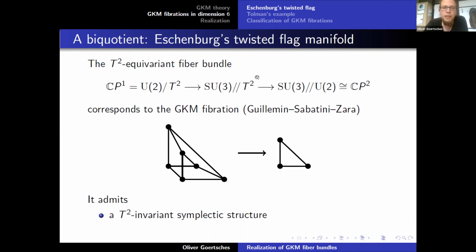Under certain conditions, we can construct a symplectic structure on the total space. Essentially, one finds a form that maps to the symplectic forms on the fiber, and then complements it with a large enough multiple of the symplectic form on the base to get a symplectic form here. That's a construction that was first used by Thurston. In this way, we get an invariant symplectic structure here.